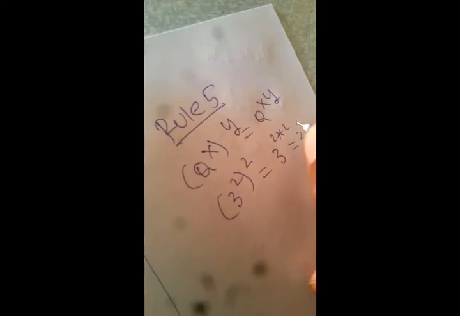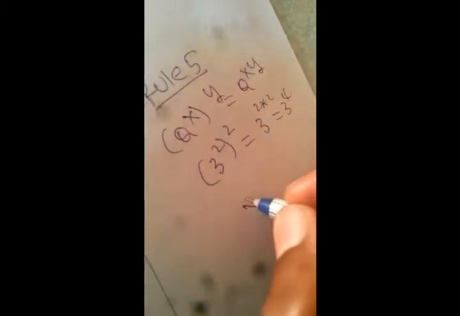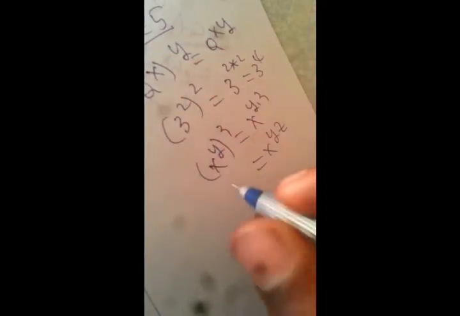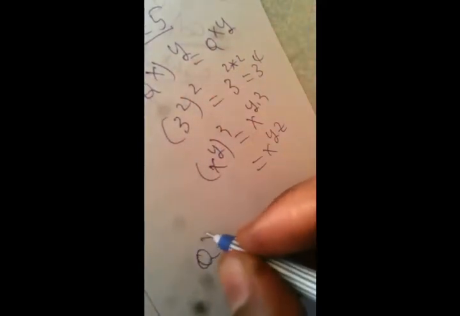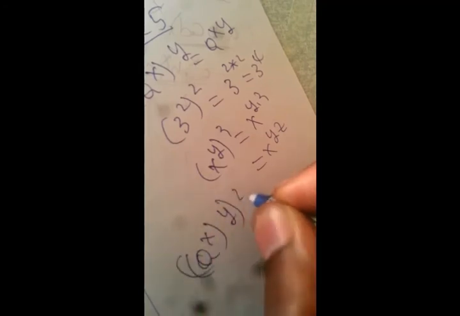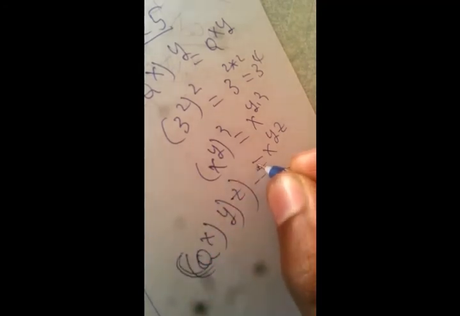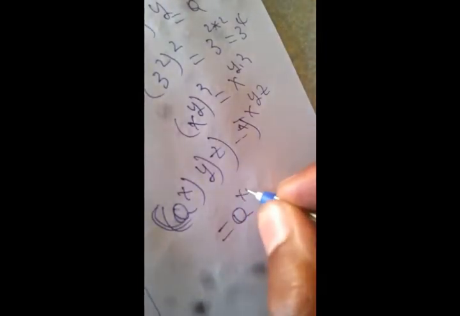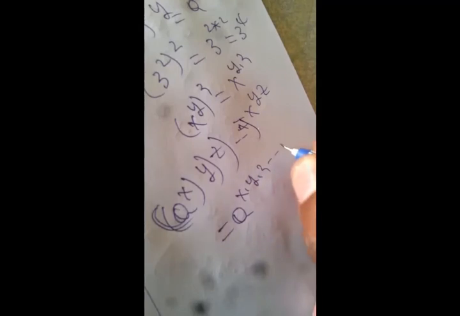This is equal to 3 raised to 4. (x raised to y) raised to z can be written as x raised to y times z. This is equal to x raised to yz. And ((a raised to x) raised to y) raised to z up to n can also be written as a raised to x times y times z up to n.